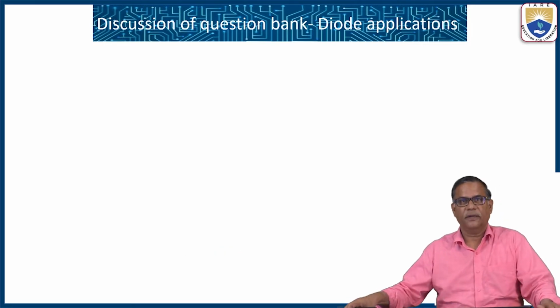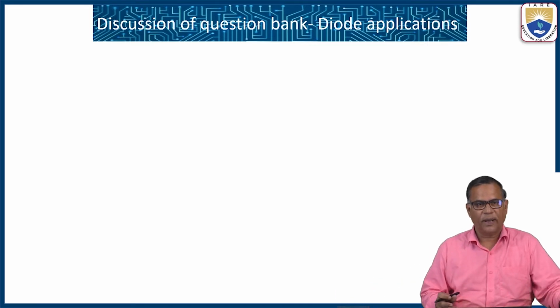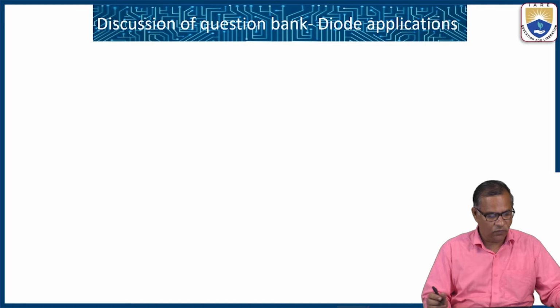Now let us calculate the diode current for the reverse voltage of minus 0.4 volts.